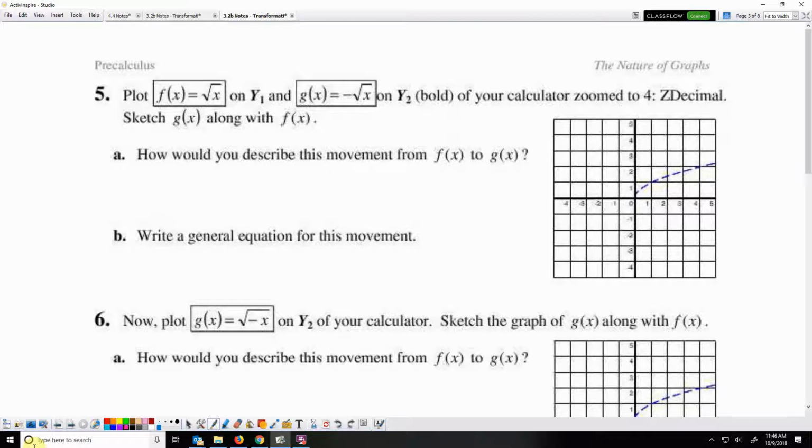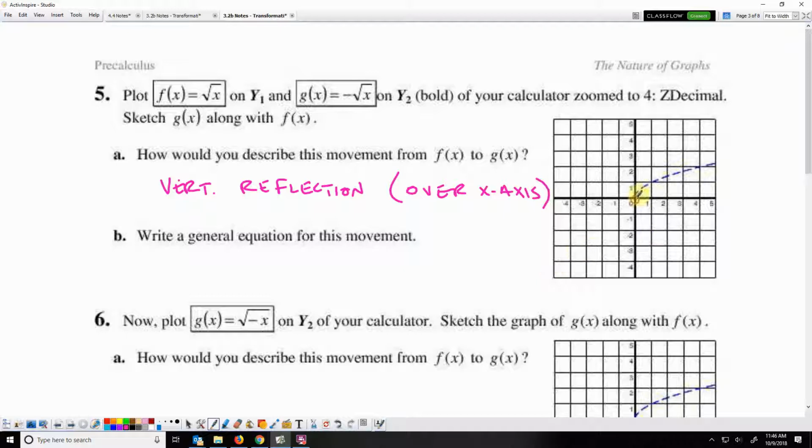All right, so here's a new function. It's a square root function, and it graphs like this. And the other graph would be the opposite of the square root of x. Okay? So we are multiplying outside of the function by a negative. And that would cause a vertical reflection, which means it's going to flip over the x-axis.